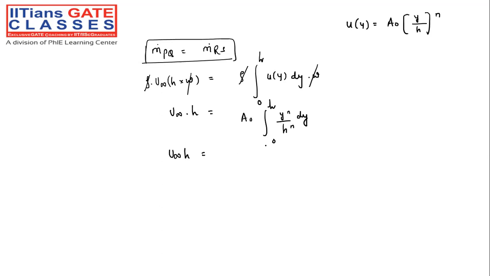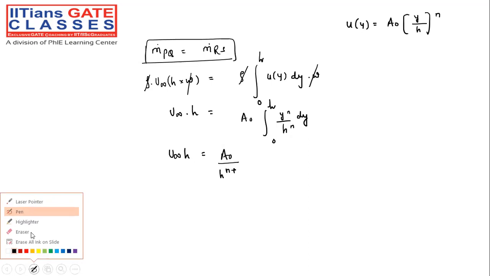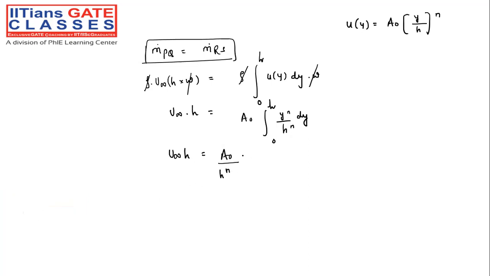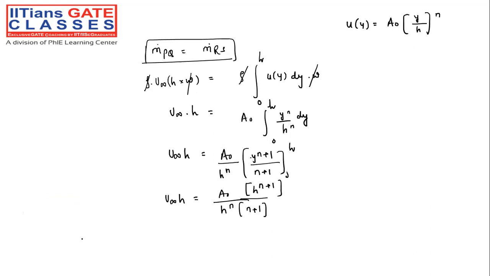So that thing we are doing here. A naught, h to the power n, y to the n plus 1 divided by n plus 1 from 0 to h, equals U infinity into h, with A naught divided by h to the power n plus 1, h to the power n plus 1.